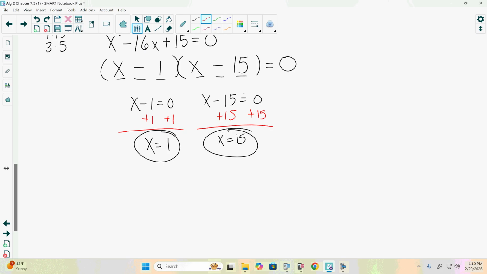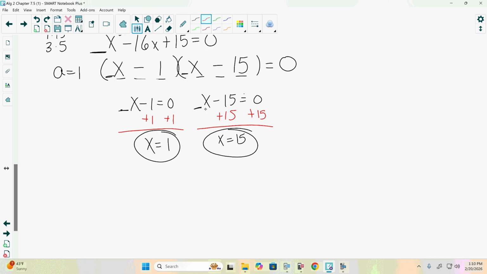Since these are integer answers, could we have actually used the graphing calculator to graph it and get these? A dead giveaway, or a more likely giveaway that we're going to have integer answers, is if the value of a is 1. Because if we're going to get rational results, we need a number in front of x that we have to divide by at the end to get there.